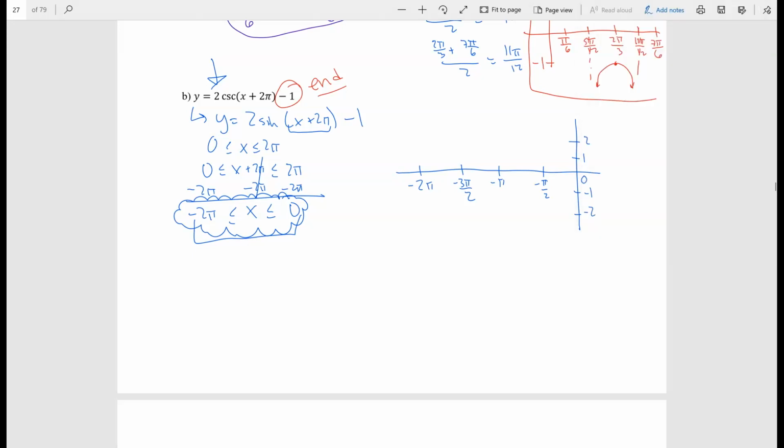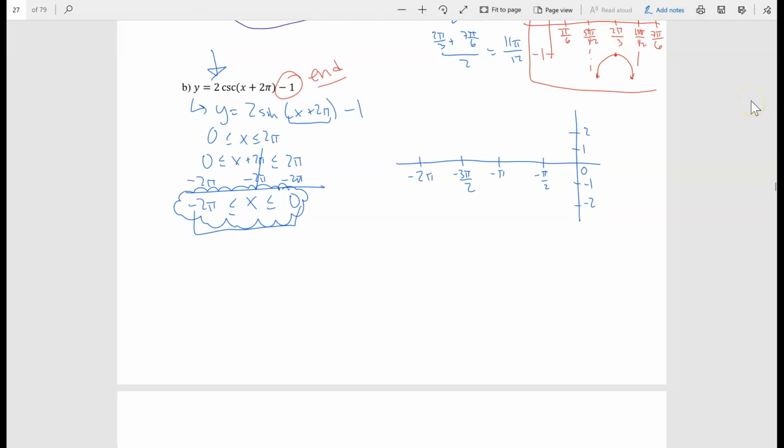If we look at the sine function, we know that it starts at 0. Then we're going to go up to 2, back to 0, down to negative 2, and then back to 0. So the sine curve looks like this.